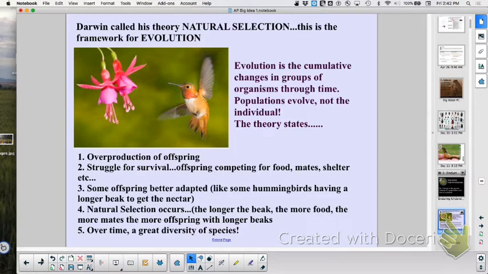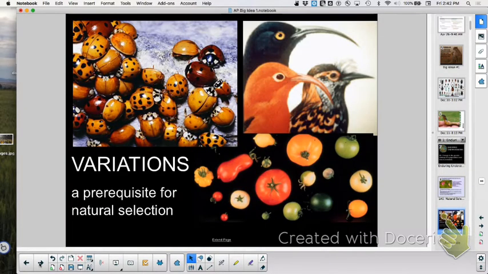Some of those variations are going to be more adaptive than other variations, and those are the variations that are going to get passed on because they have the greatest fitness, right? That's the big ticket here about natural selection. So variations are a prerequisite for natural selection. Natural selection does not work unless there are variations, okay? Then you're rating those variations, right? What makes you the most fit?